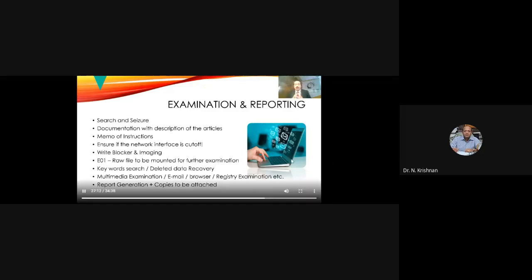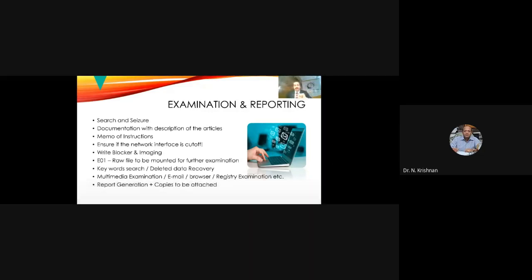Next, the write blocker and imaging. This is very, very important to understand. Suppose I get a hard disk, and when I want to recover the data from it, I connect the hard disk to my computer, which will create some kind of logs and activity on that hard disk. That is a wrong procedure.